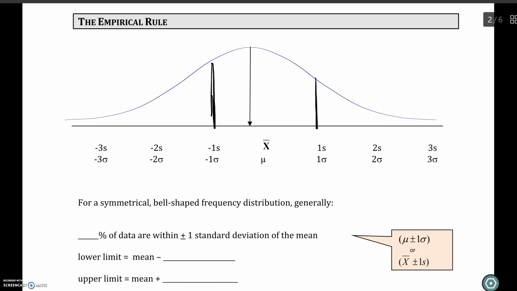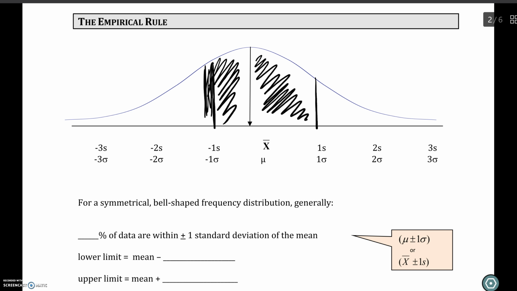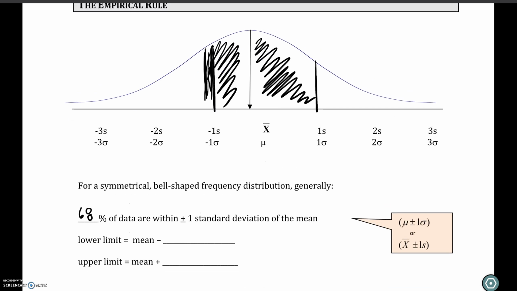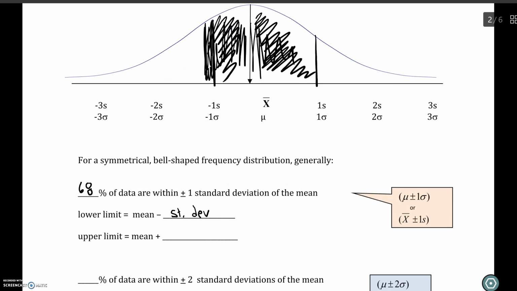Between 1 standard deviation of the mean, we always have the middle 68% of the data represented. To find the middle 68%, we get the lower value by taking the mean minus 1 standard deviation, and the upper value by taking the mean plus 1 standard deviation.